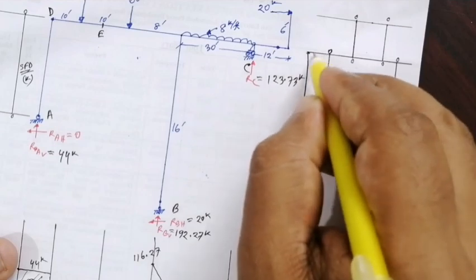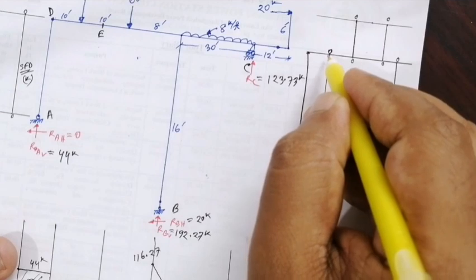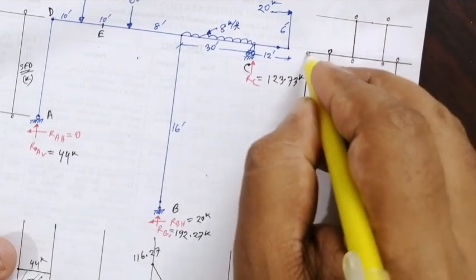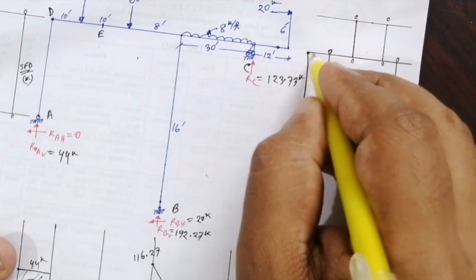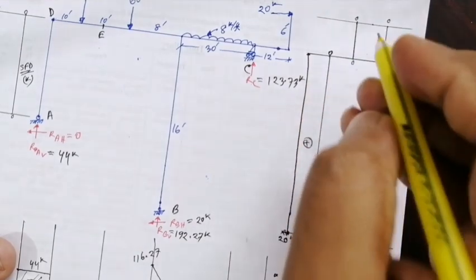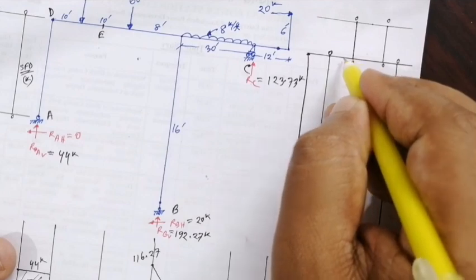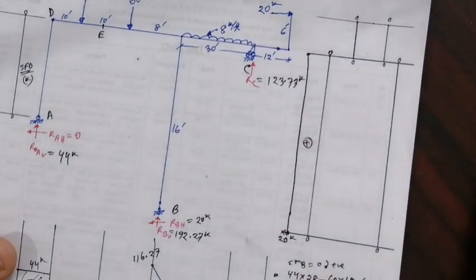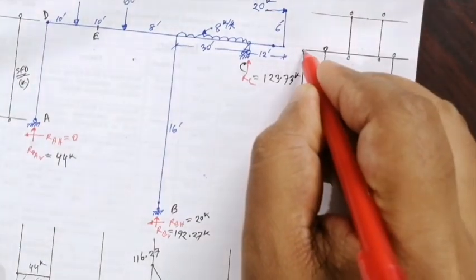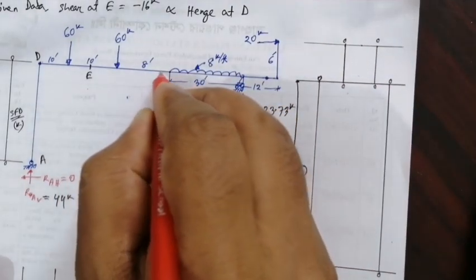No other force here, so if we take a free body, there is 20 downward like this, which is also affected by this. For this 20 kip going to 0, here we introduce some force.